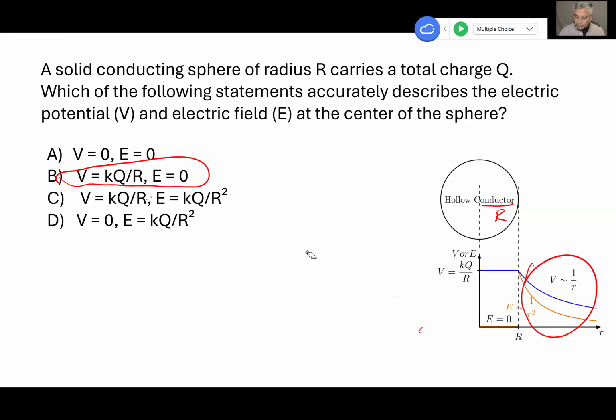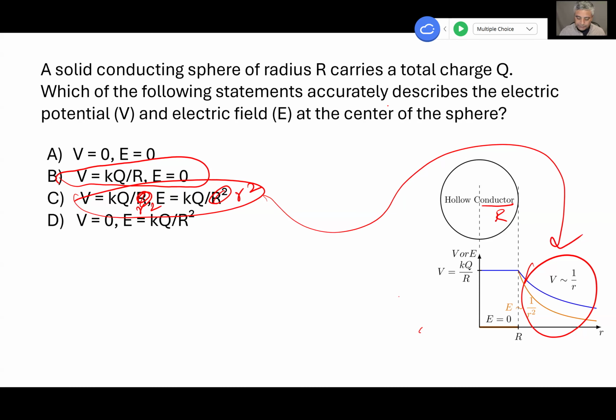If this was r square, that would be outside, not inside. The question describes the electric field at the center of the sphere. Potential is constant everywhere, equal to the surface, but field inside is 0.